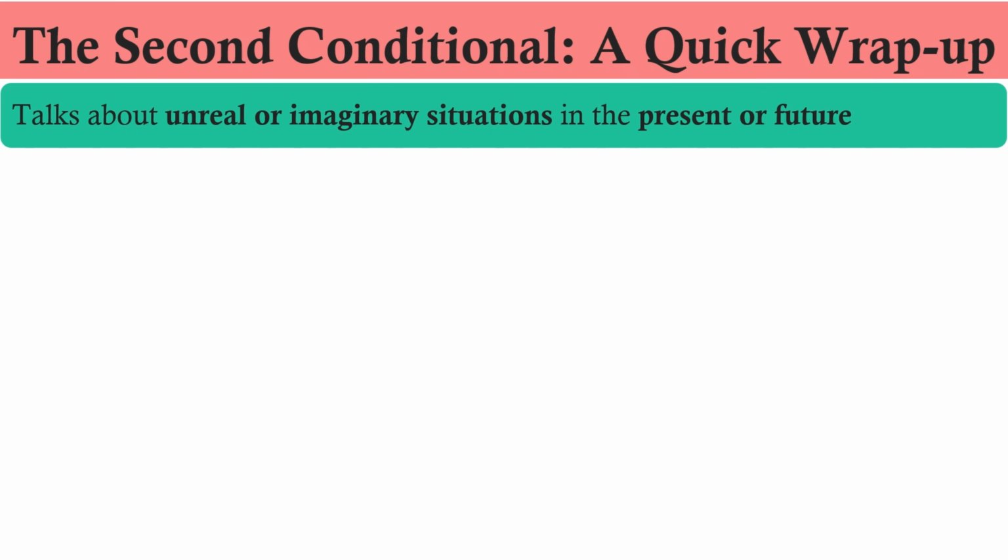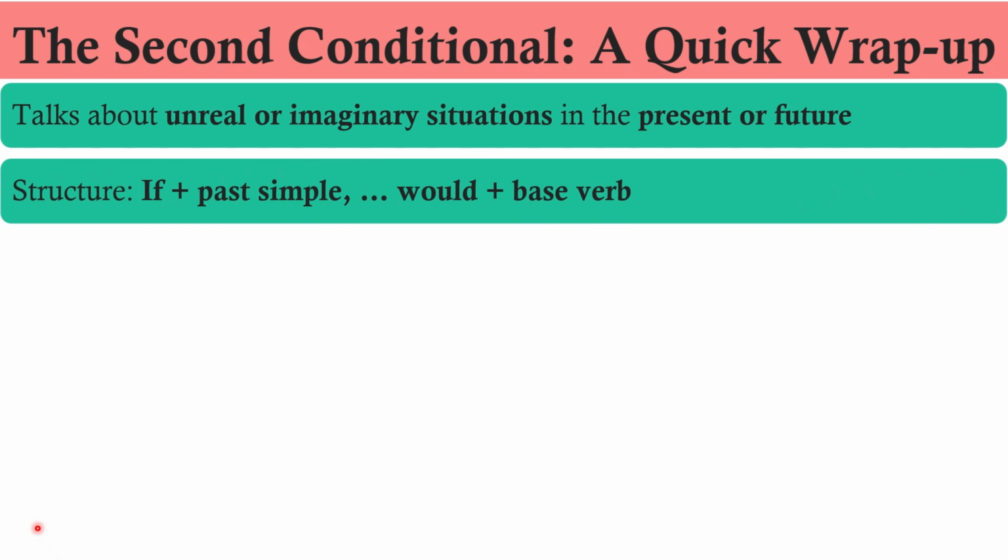Let's quickly review what we have learned. The second conditional helps us talk about unreal or imaginary situations in the present or future, things that are unlikely or impossible right now. We form it using if plus past simple followed by would plus base verb.